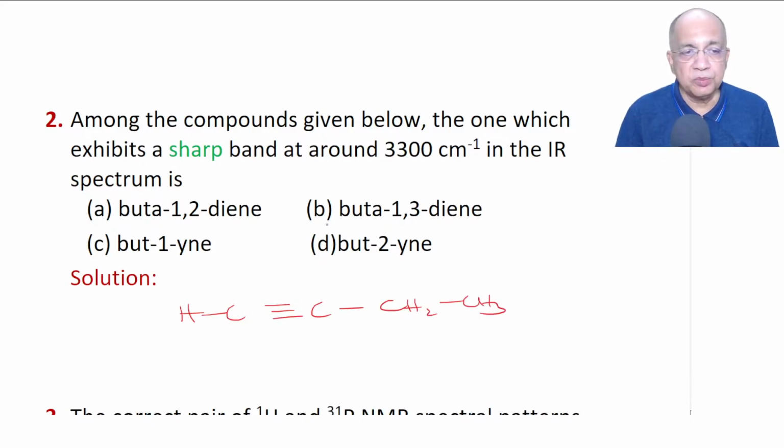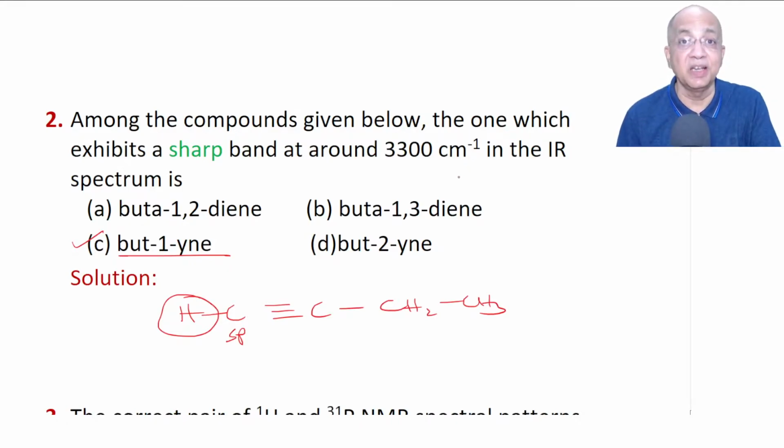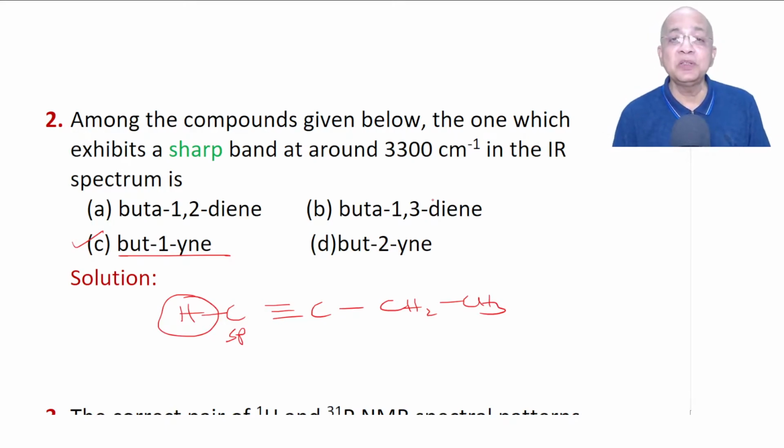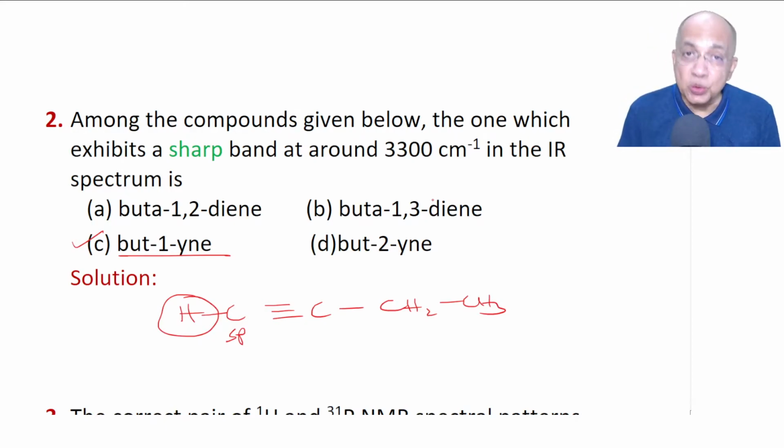Out of the 4 possibilities, but-1-yne has a terminal CH bonded to an sp hybrid carbon that will have a stretching frequency of 3300 centimeter inverse. We say frequency, but really it is wave number. That is the common convention that we use while talking.